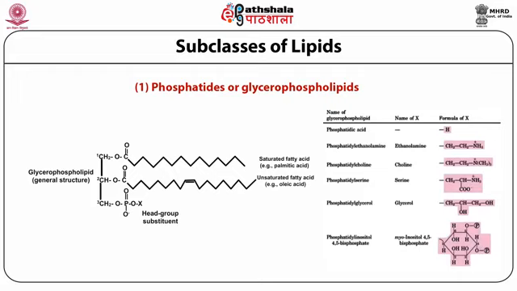As can be seen from the slide, in these compounds, the nitrogenous compounds choline, ethanolamine and L-serine etc., which contain the alcohol group, form ester bonds with the free acidic group of the phosphoric acid of the L-phosphatidic acid, and that is why these are generally called glycerophospholipids.